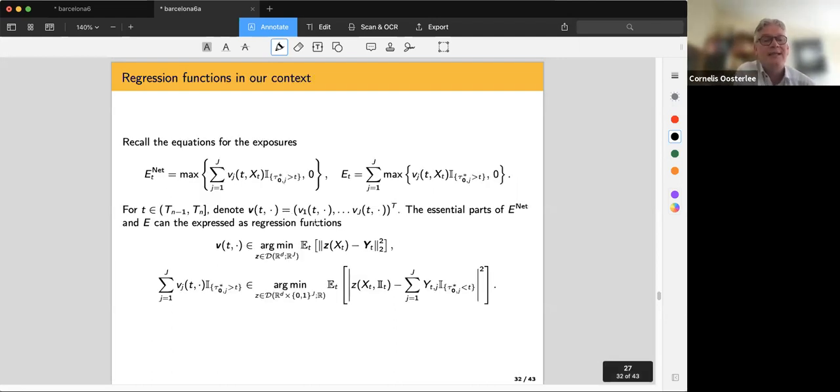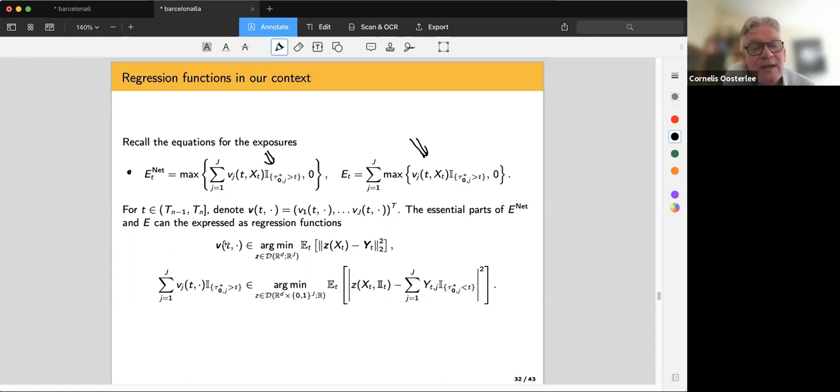We look for that, and let's recall the equations for the exposure. The netting is like this, where of course we have not yet exercised, and the usual exposure is like this. This is the max of the sum. This is the sum of the max, and then we look for the regression. We look for the values.